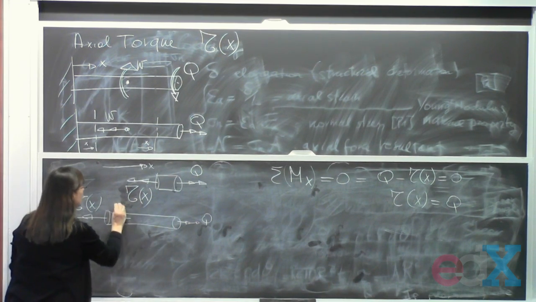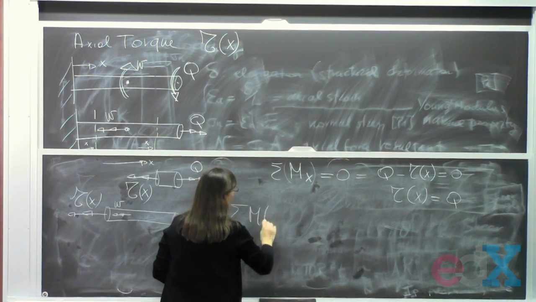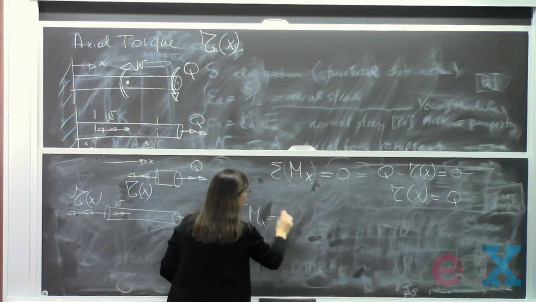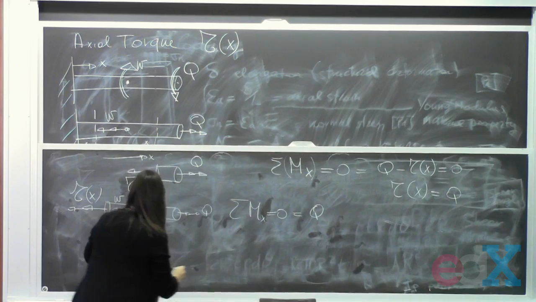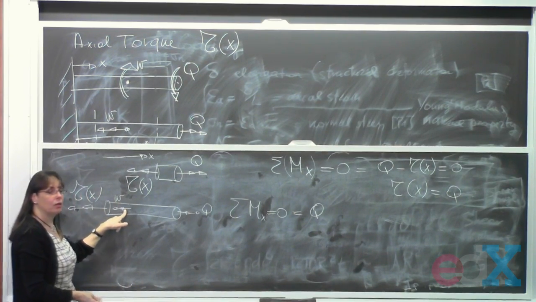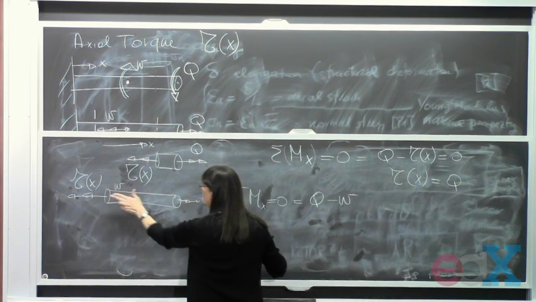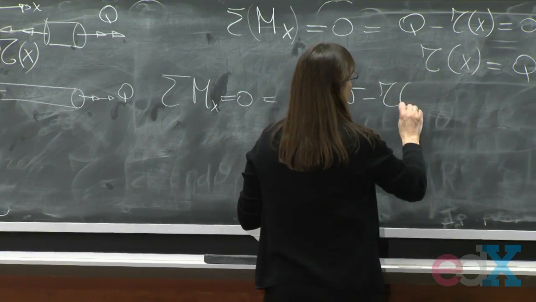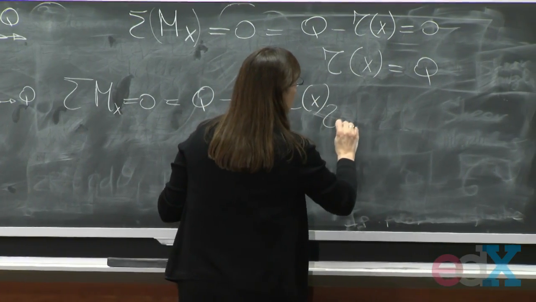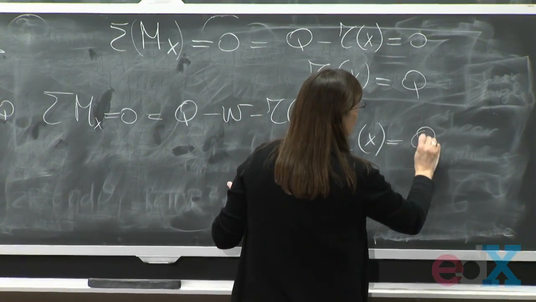So now this is Q, this is W. Again, I do sum of the moment x equal to 0 is equal to Q, positive. How about W, positive or negative? Negative. I love you guys. Q, W, and T of x? Negative. And there we go. We find T of x is equal to Q minus W on this side.